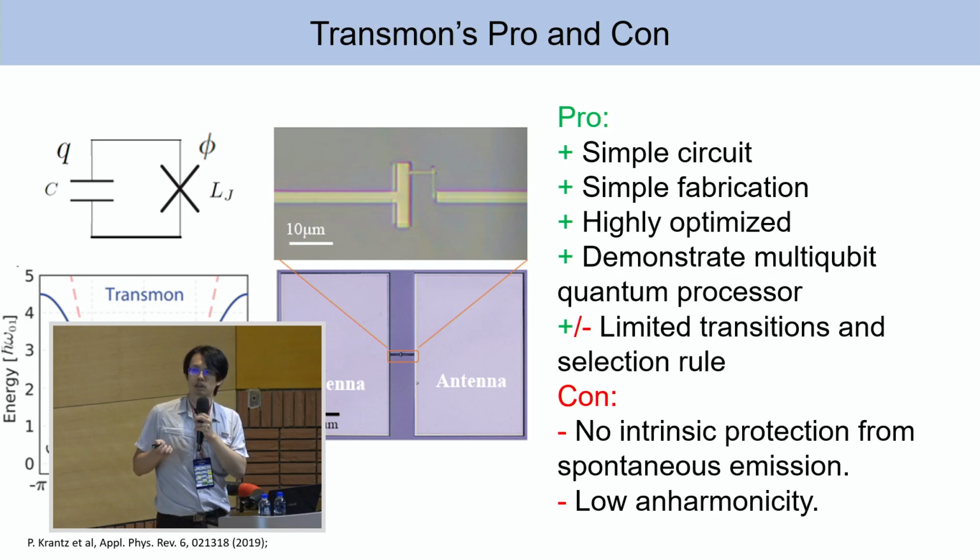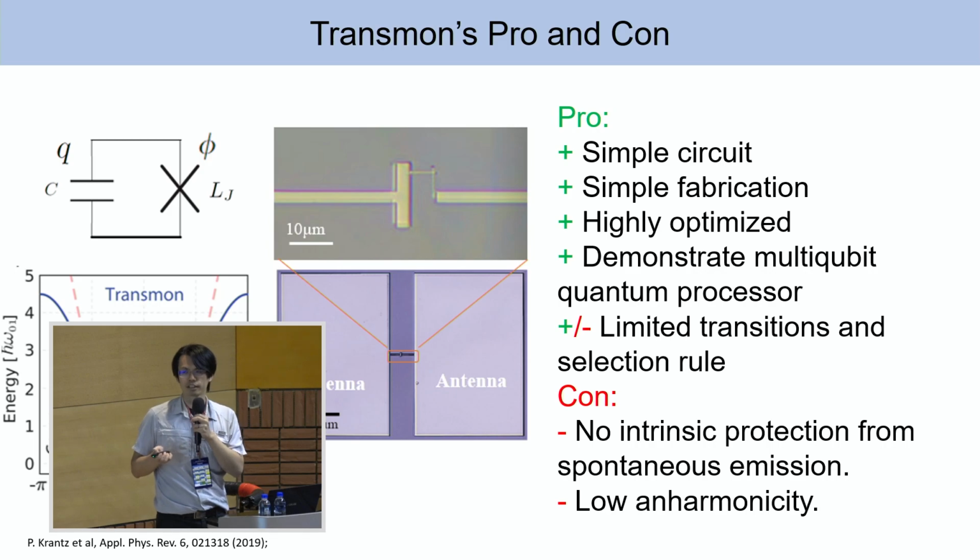It has also been highly optimized, both the process and the shape, over the past many years. Therefore there are a lot of groups that can achieve more than 100 microseconds coherence time for transmon qubits. And it has already been demonstrated that a multi-qubit quantum processor is possible with transmon qubits.